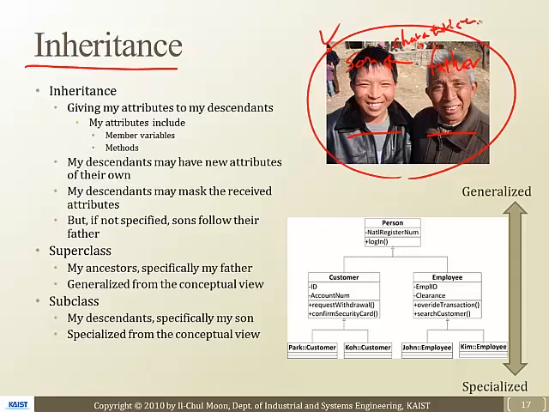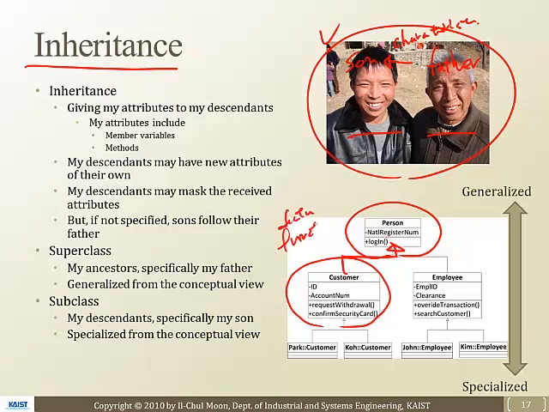For instance, this person has a national registration number, and this customer, by using this hollow point arrow, inherits some characteristics and behavior, the data, and the functions.